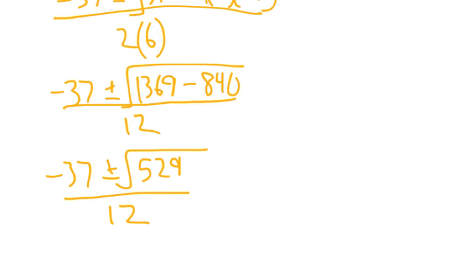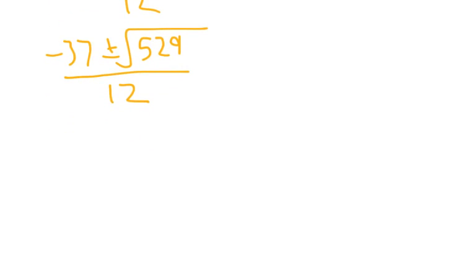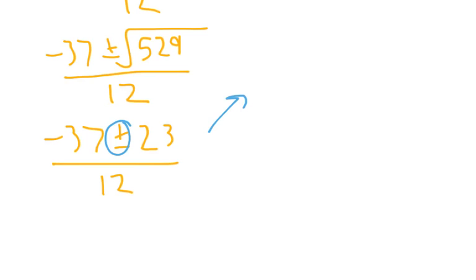Lo and behold, 529 happens to be 23 squared. So we're looking at negative 37 plus or minus 23 all over 12. And again, this is where we have to break it down into two separate expressions. So one expression will do negative 37 plus 23 over 12.